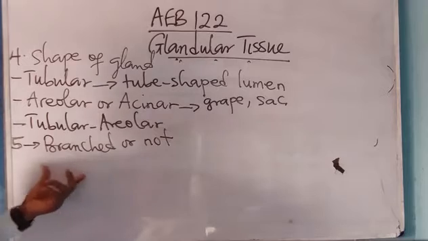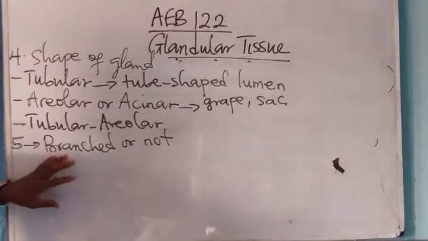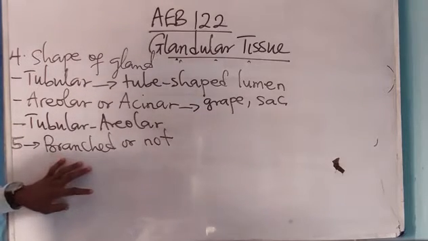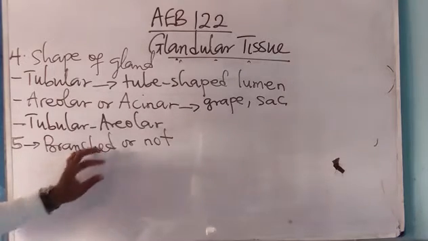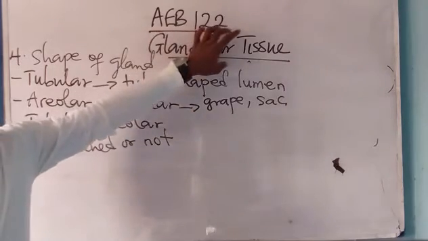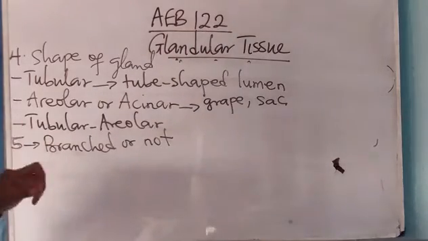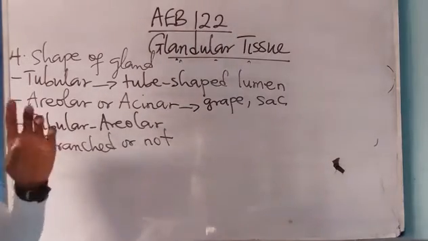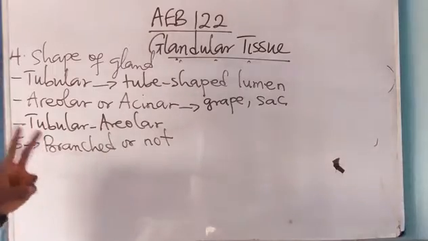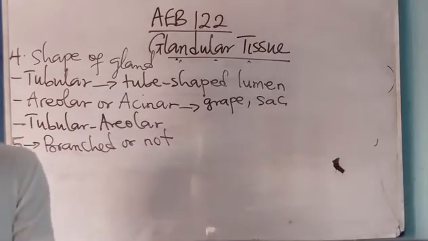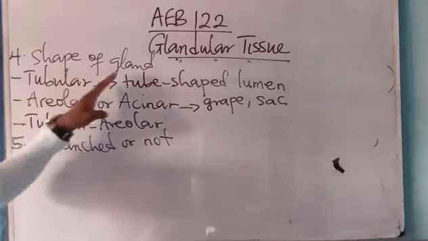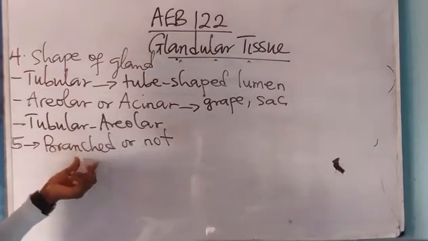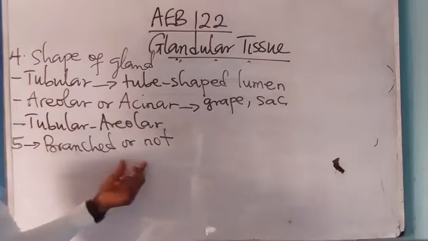As I said, we have five criteria with which glandular tissues are categorized. One, based on number of cells. Two, nature of secretion. Three, mechanism of secretion. Four, shape of gland. And five, whether the gland is branched or straight.